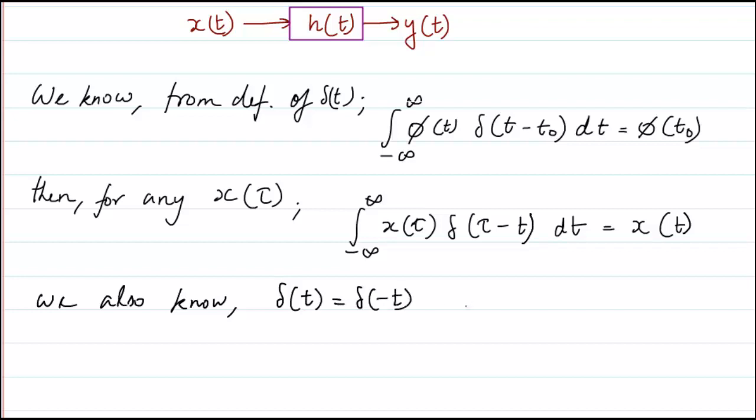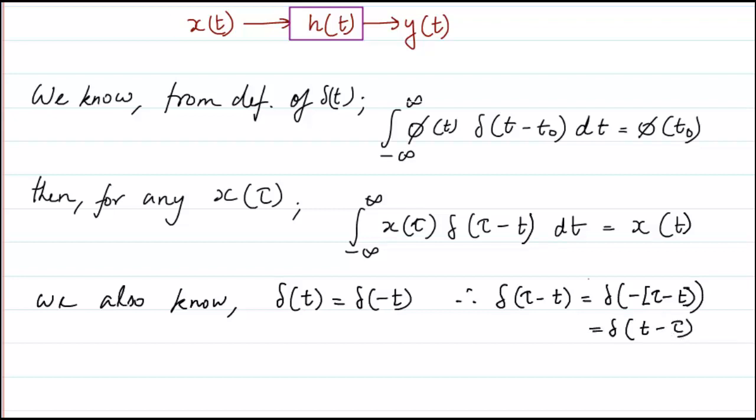That means it is basically an even function, because it has a value only at t equal to 0. Therefore, delta of tau minus t will be equal to delta of minus of tau minus t, which is equal to delta of t minus tau.